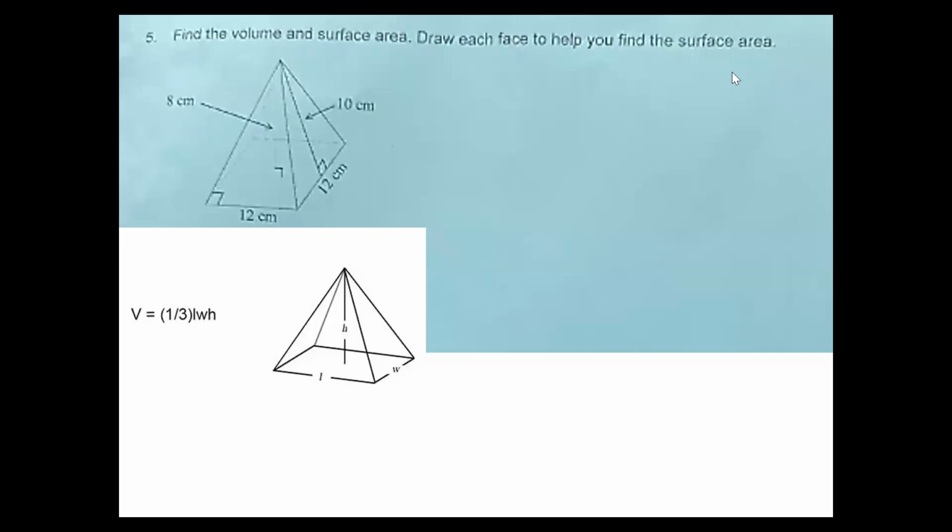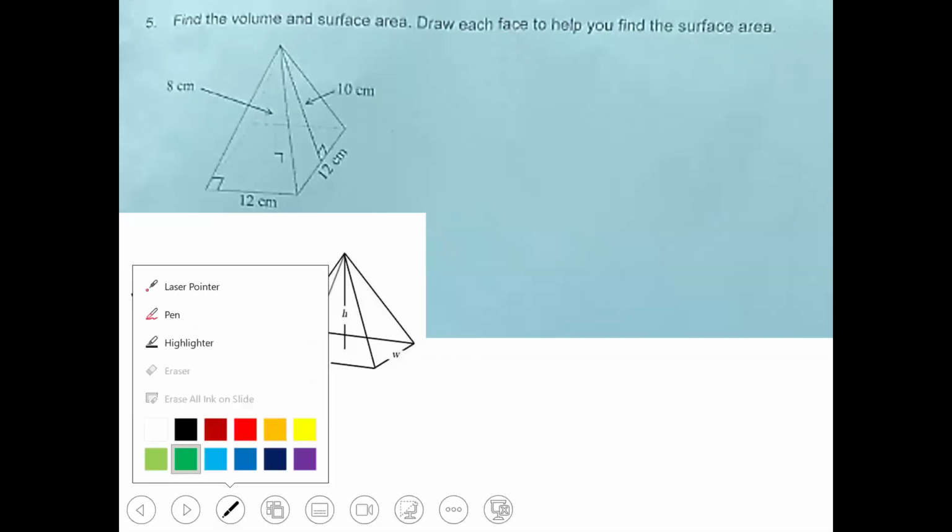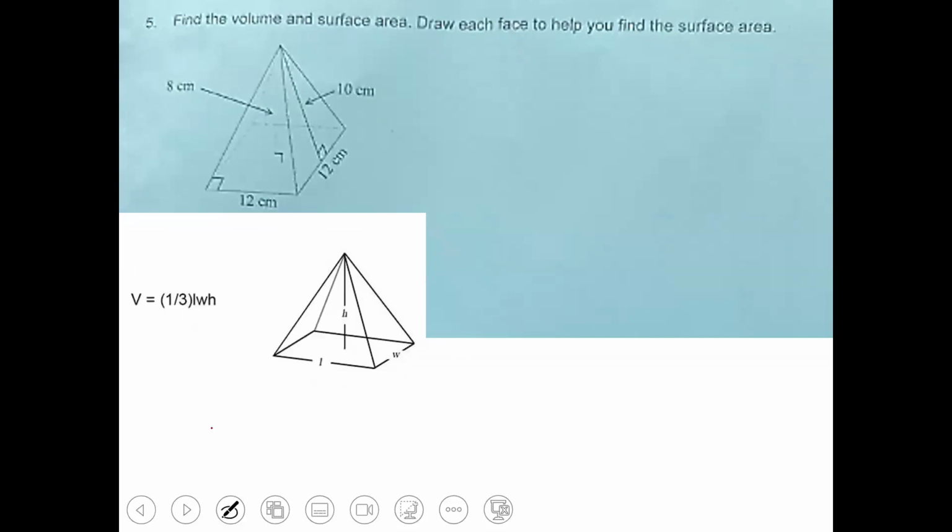All right, so the third shape that we have here is a pyramid. Let's start off with volume because volume generally is the easiest. Volume of a pyramid is going to be, what is the volume of anything we've done so far?